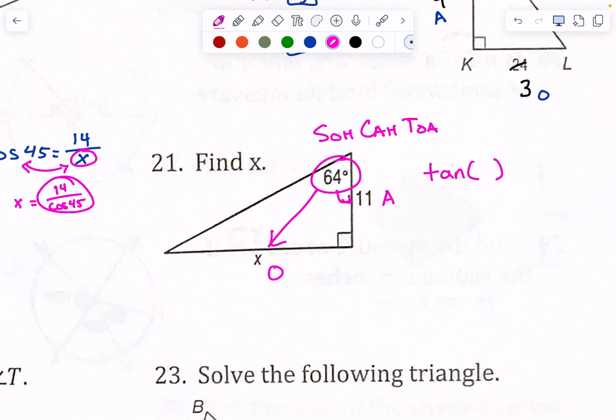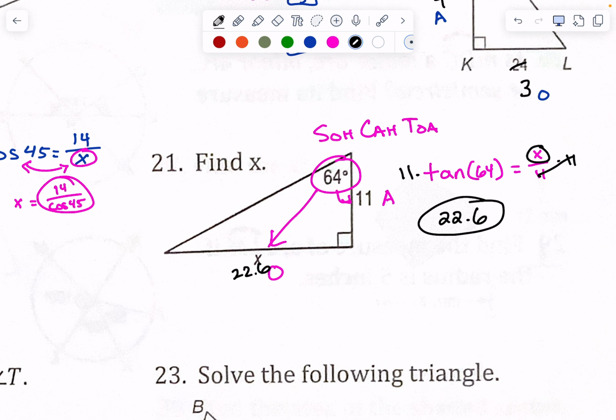What goes inside the tangent? 64, the angle. Tangent of 64 equals the opposite on top and the adjacent on the bottom. So if I'm trying to solve for x, how do I get rid of the 11? Multiply by 11. 11 times tangent of 64, it should be bigger than 11. 22.6.